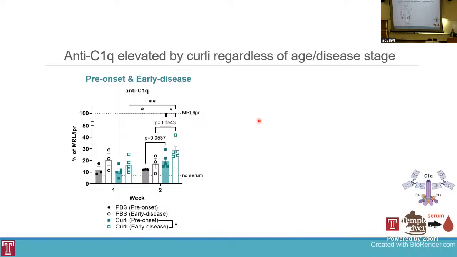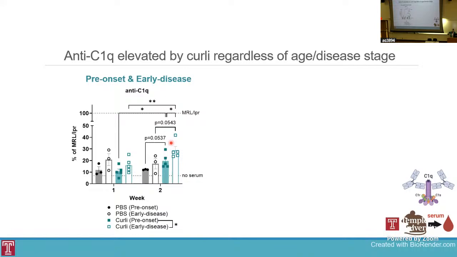And so then moving on to look at these anti-C1q levels, in both the pre-onset and early disease, we can see an increase with the Curly, both in the pre-onset set as well as the early disease set. But in the early disease, so with age, they are seeing a higher level of these anti-C1q even with the treatment.